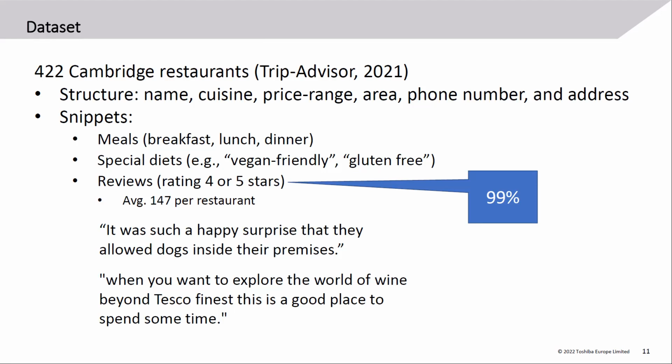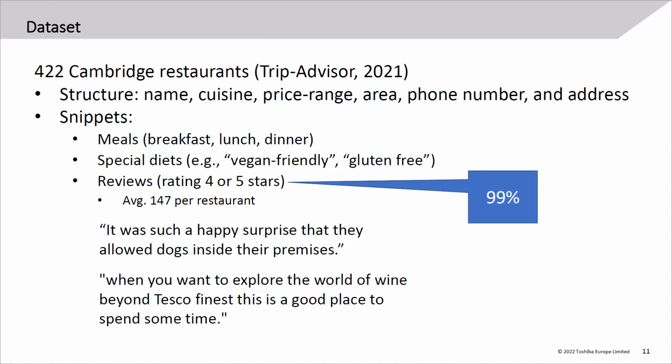But for research purposes, we extracted a fixed set of restaurants. It has a similar structure to previous versions of the systems in DSTC competitions. So they have name, cuisine, price range, area, phone number, and address.